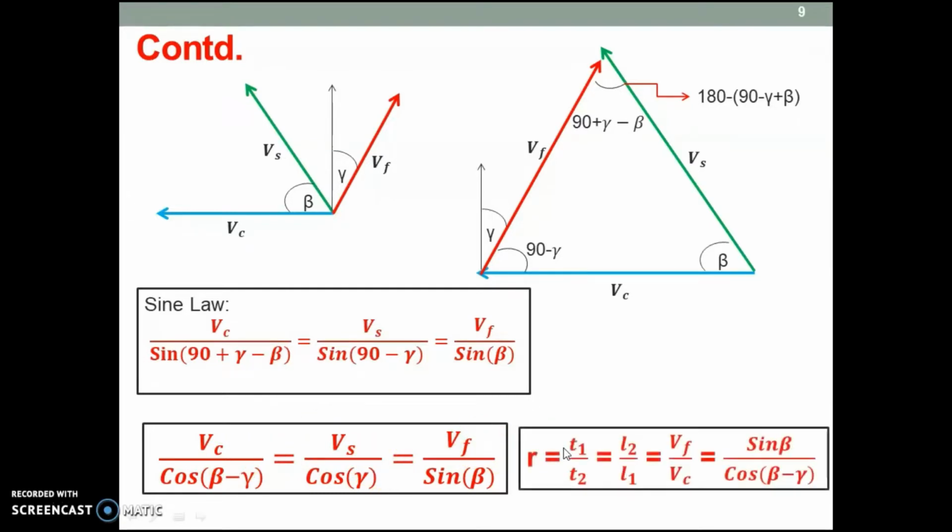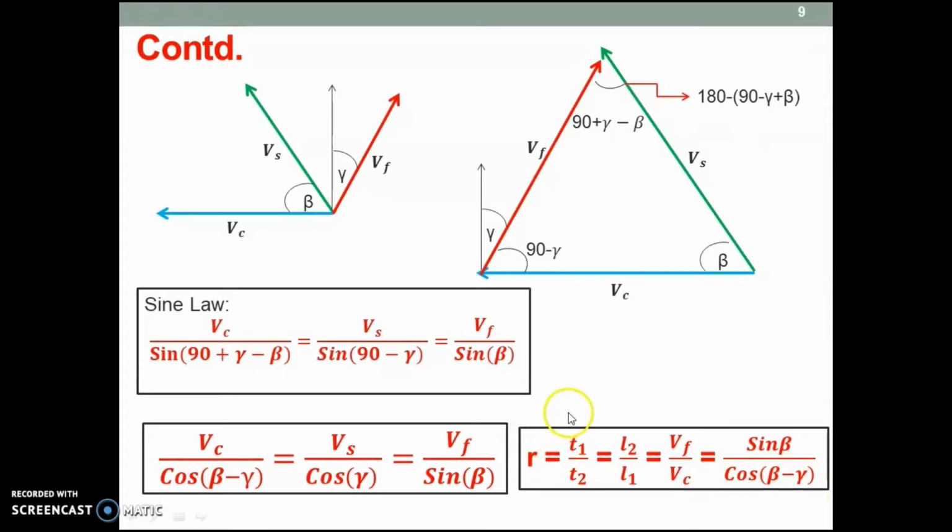Likewise, we have already studied the chip thickness ratio. The chip thickness ratio is T1 by T2, which equals L2 by L1, which equals VF by VC. So here we can apply the velocities VF and VC. VF by VC is sine beta by cos(beta minus gamma).